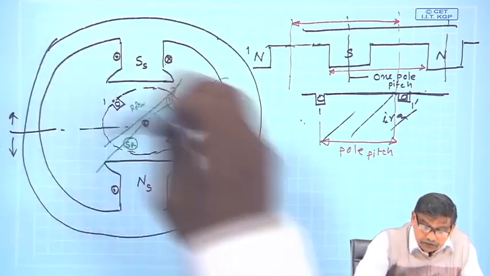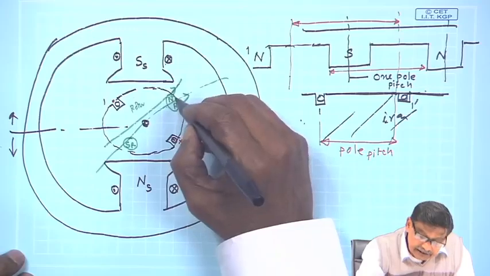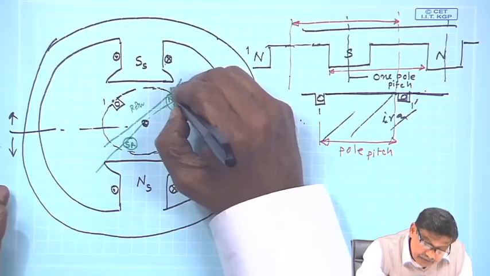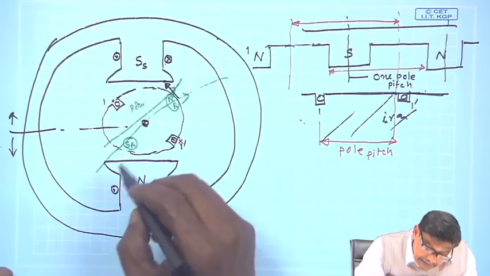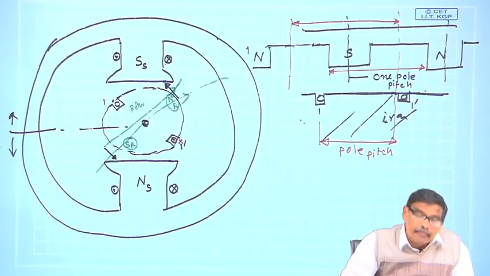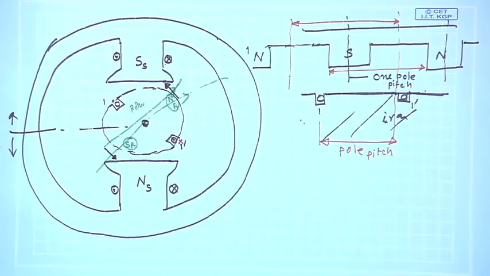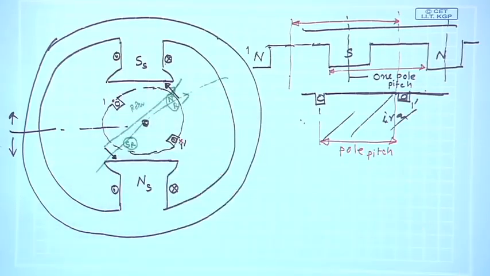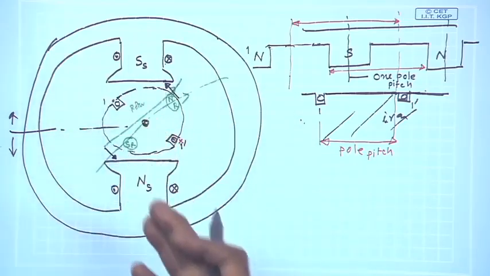For example, in this particular case you can easily see this NR and SS, this NR is free to rotate, therefore, it will experience a force in this direction, and similarly this SR experiences a force in this direction, and therefore, there will be a torque applied to this whole rotor body, and the rotor will try to spin in the anticlockwise direction in this particular case.